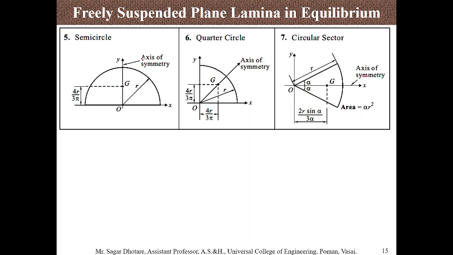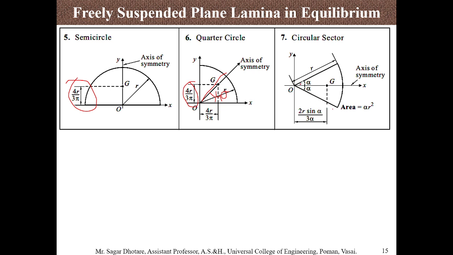Next, for the semicircle, the symmetry is about the y-axis, so the value of x is equal to 0 and y is equal to 4r divided by 3 pi. For the quarter circle, it is symmetric along the 45-degree line, so the values of x bar and y bar are equal to 4r upon 3 pi.